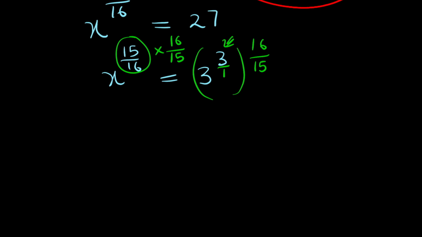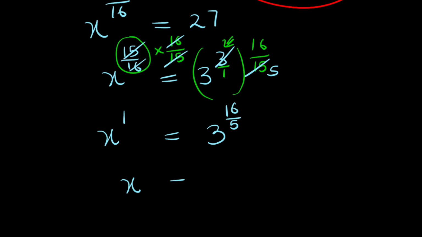So we apply the second law we saw earlier by saying x is now, this takes care of this, all of this is 1. So x raised to power 1 is equal to 3 raised to power. Now opening up this bracket, 3 here is 1, 3 here is 5. So we have 16 over 5. Therefore, x is equal to 3 raised to power 16 over 5.